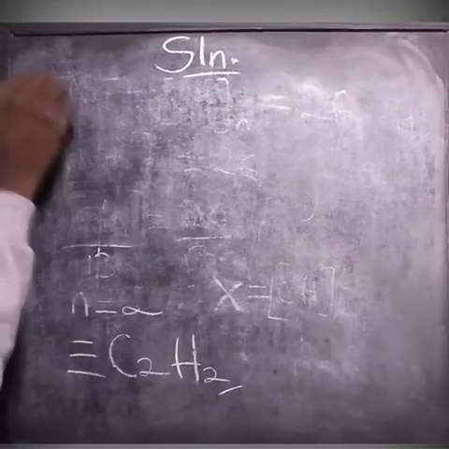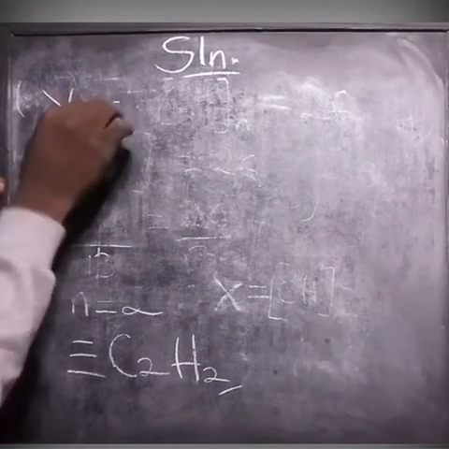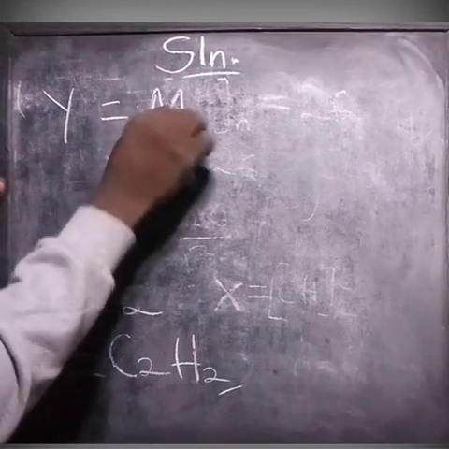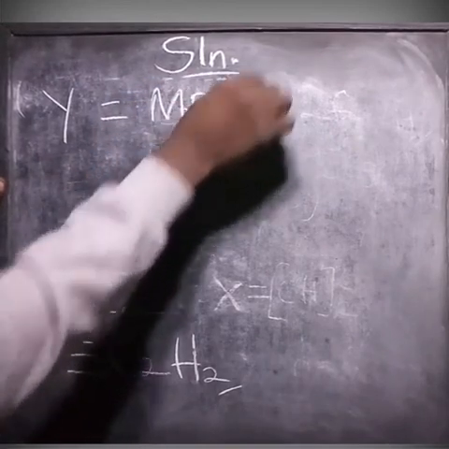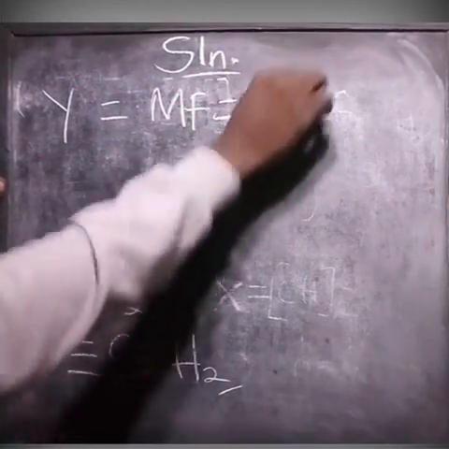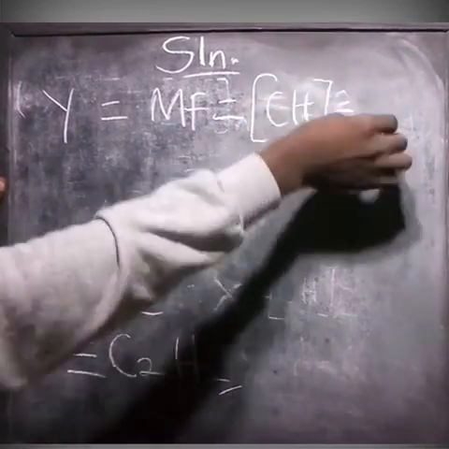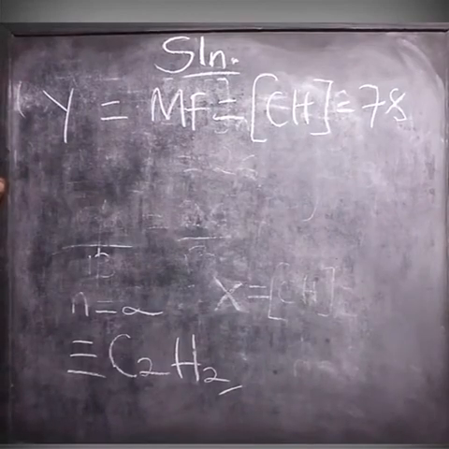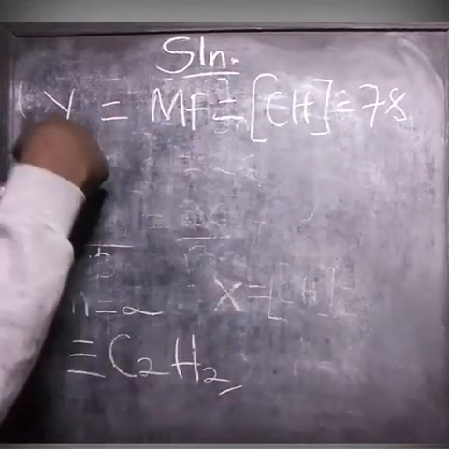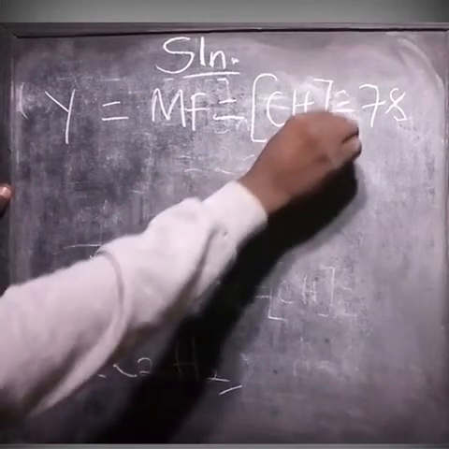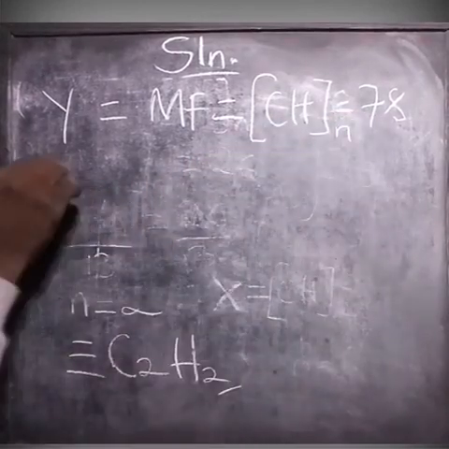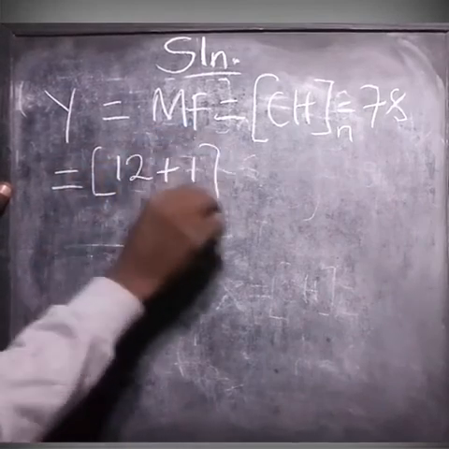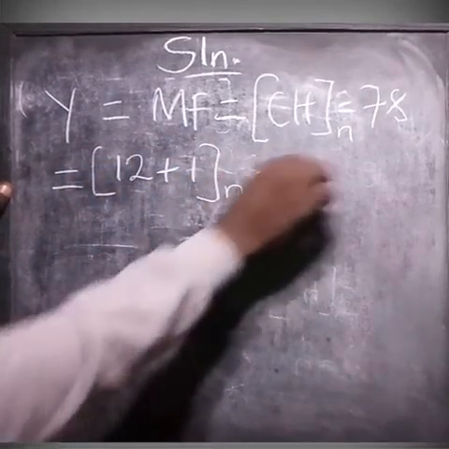That of Y, we are to do the same thing also. Molecular formula is equal to empirical formula subscript n, equal to 78, the mass given in the question for Y. So it will be 12 plus 1, n, equal to 78.